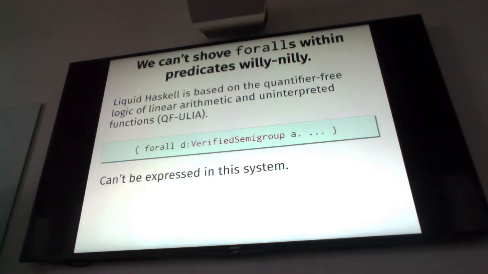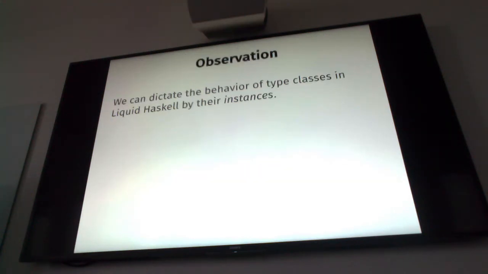So we're stuck there, so we need a different approach. So maybe instead of just trying to refine the fields of a dictionary, we should try to make refinement typing rules where we give properties to the actual instances that we write.